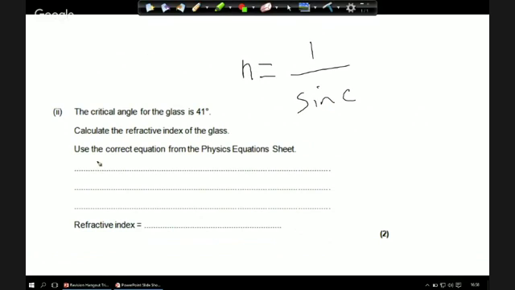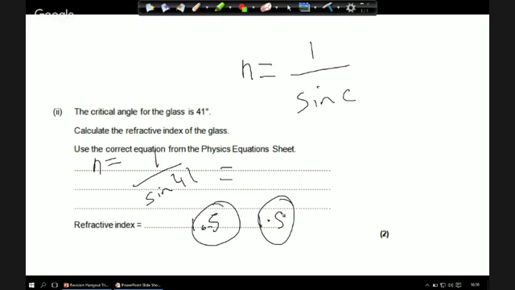So refractive index will be n equals 1 divided by the sine of 41, which equals, I'm going to do that one in my head, 1.5. Not really, I can't do sines in my head. Equals 1.5.